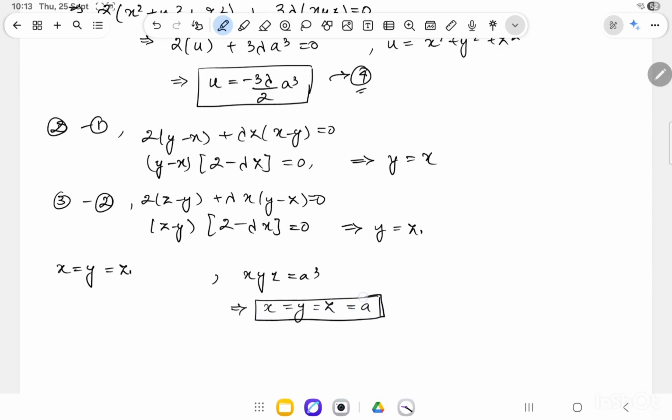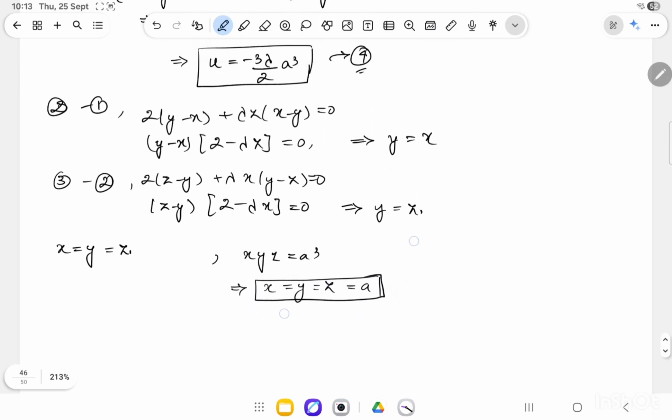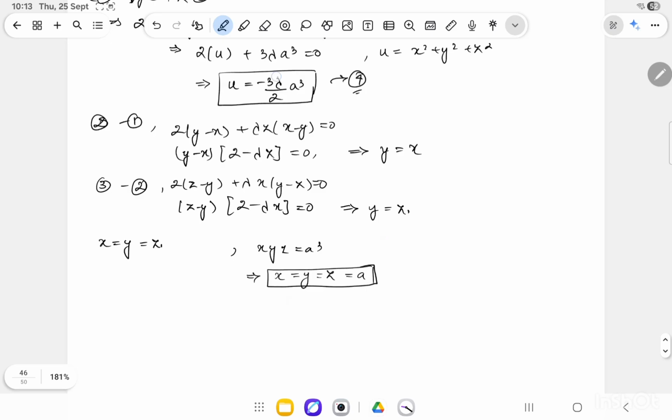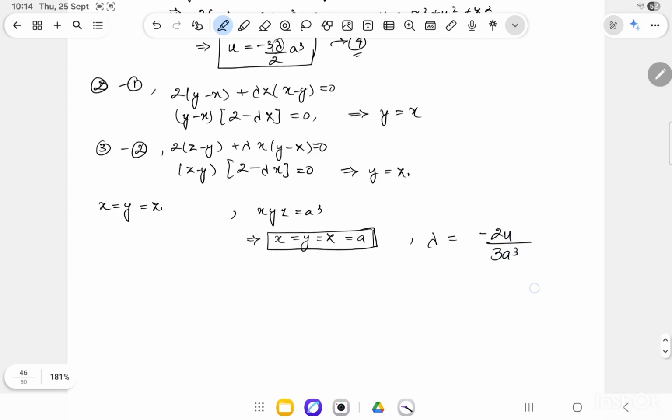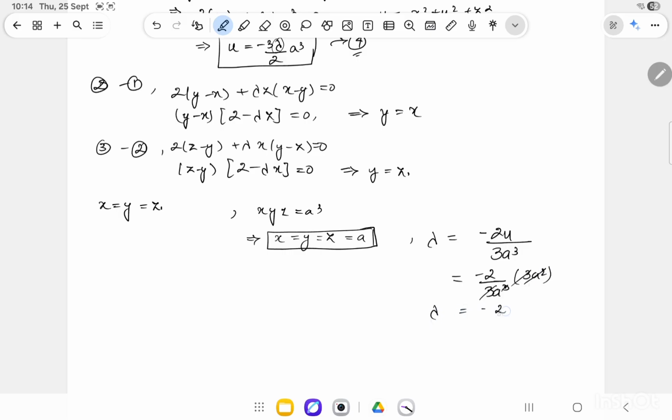So this is the value of xyz, and using this I can calculate value of lambda from here. So lambda will be minus 2u by 3a cube. So it will be minus 2 by 3a cube into u, which is 3a square. So we got our lambda as minus 2 by a.